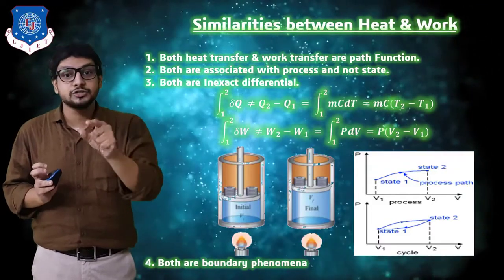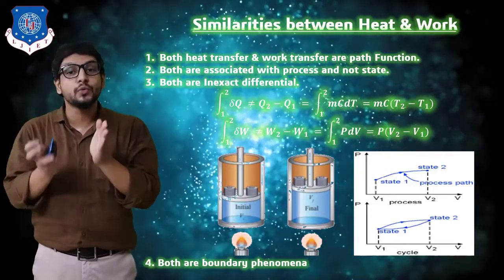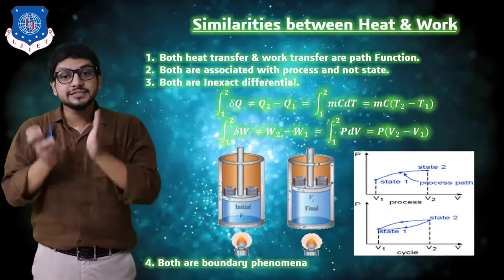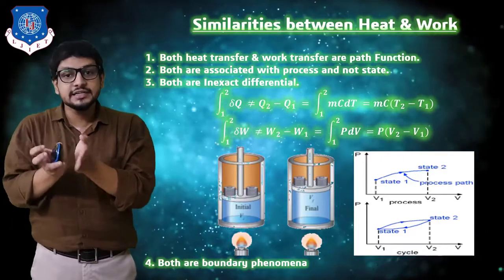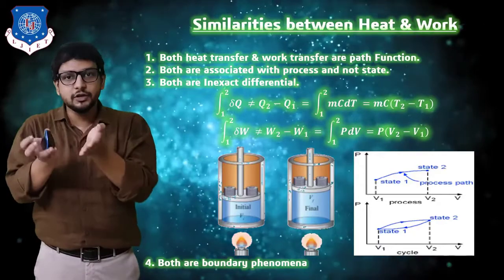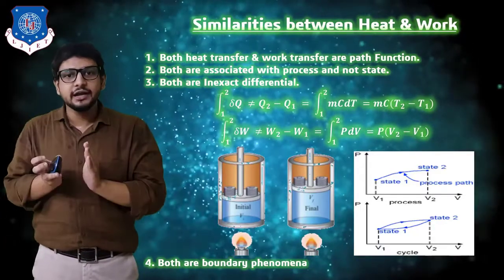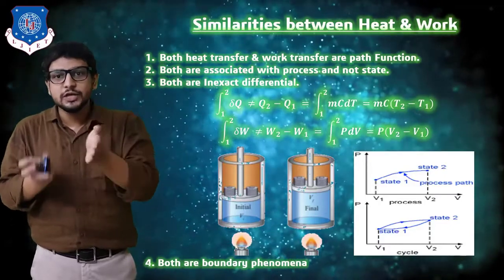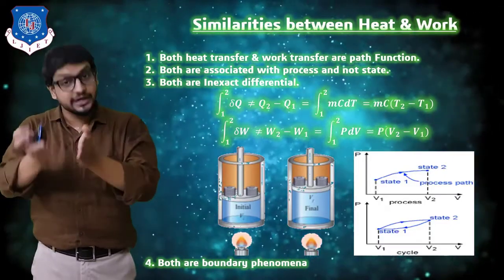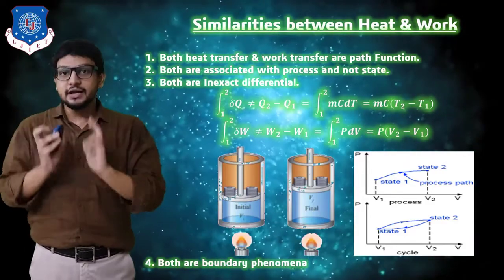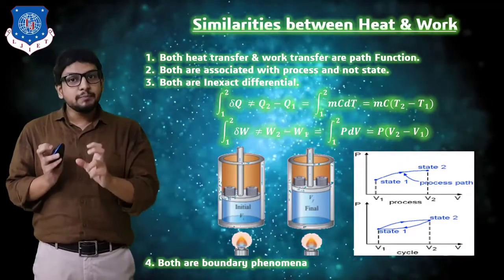So I have written the integration from state 1 to state 2 of m c dT. Now dT is an exact differential, that is, we know T2 is the temperature at state 2 and T1 is the temperature at state 1. So we can write the integration from state 1 to state 2 of del Q is equal to m c (T2 minus T1).